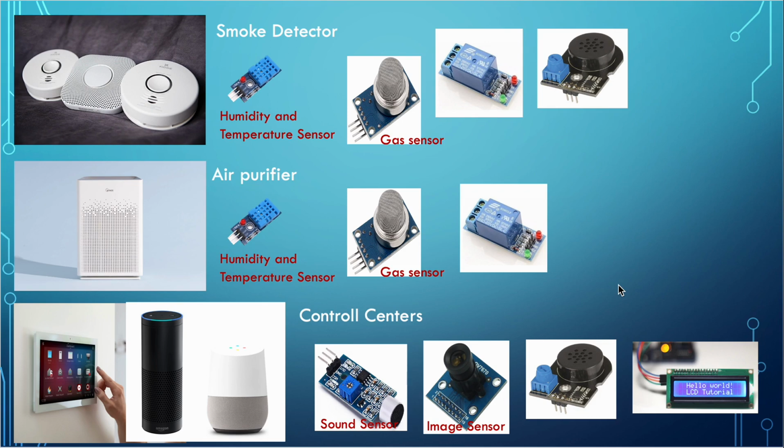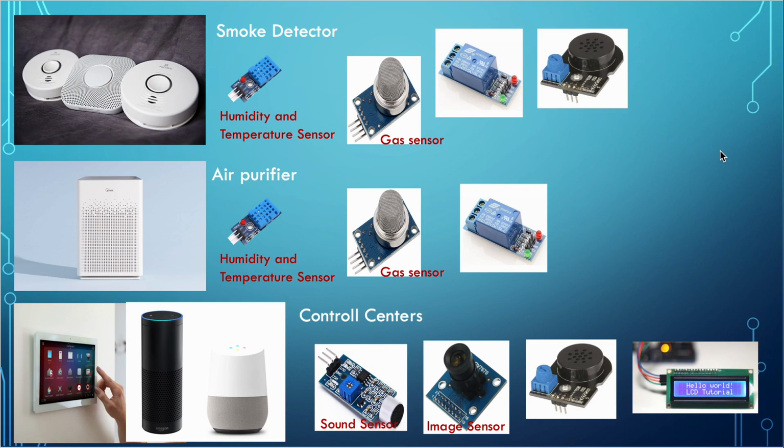Then we have our control centers. If you take these control centers or control IoT devices, they are a primary part of IoT. The specifications or the function of a control center of IoT is a little bit different from the IoT device itself.